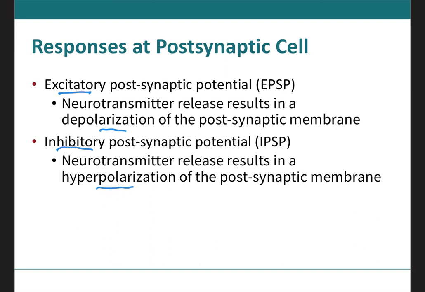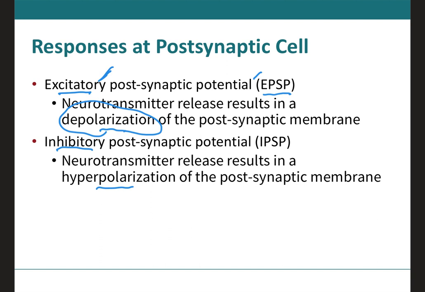Therefore, a neurotransmitter that depolarizes the postsynaptic membrane is said to be excitatory because it will bring the membrane closer to threshold to be able to cause an effect or the depolarization of the membrane. Therefore, a depolarizing postsynaptic potential is called an excitatory postsynaptic potential, or EPSP.